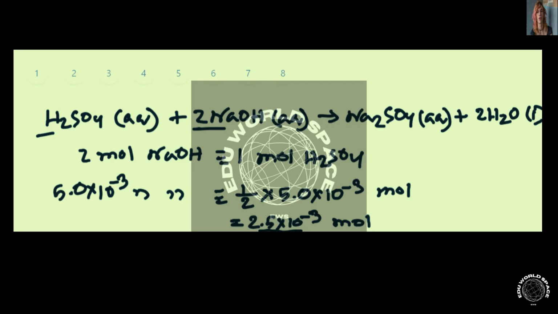So now from this value and using the molarity, we can find out the volume of sulfuric acid needed.